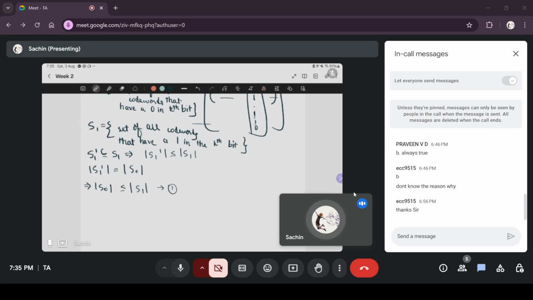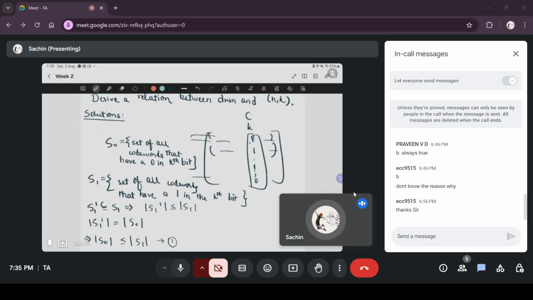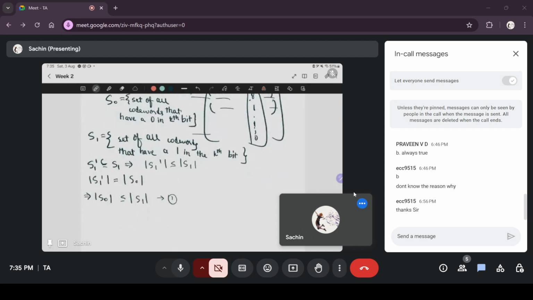Now similarly, do this the other way around. Take a code word which has a 1 in its kth column, kth bit, add it to each of the code words in S1 itself and call that S0 prime.